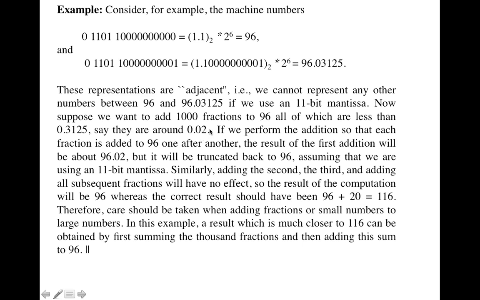And let's say that we had a loop where we wanted to add 1,000 fractions that are basically all smaller than 0.03125. And one such number would be 0.02.